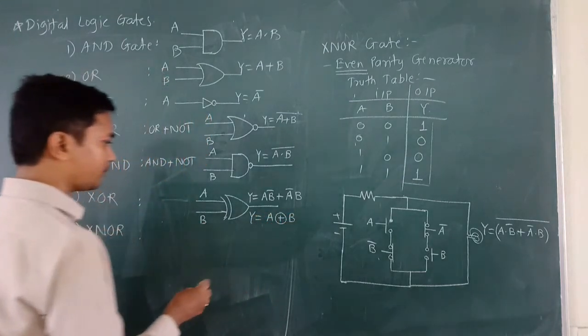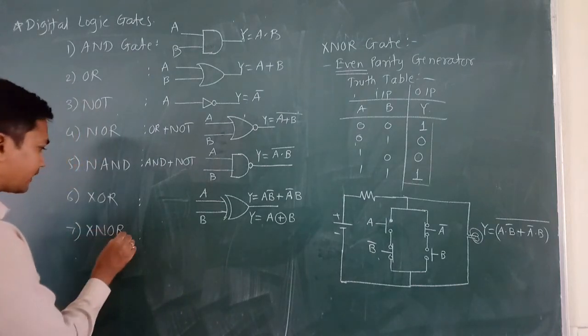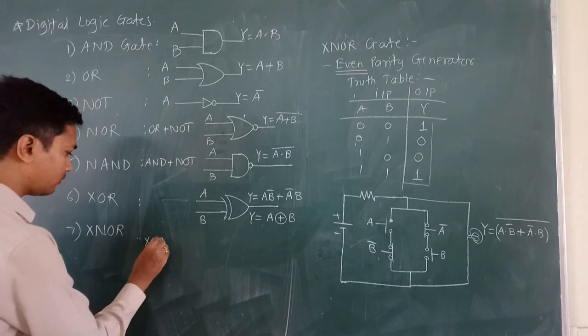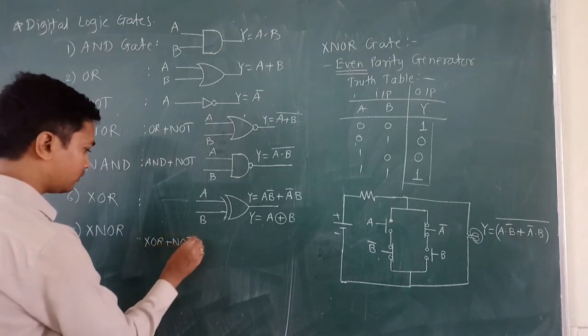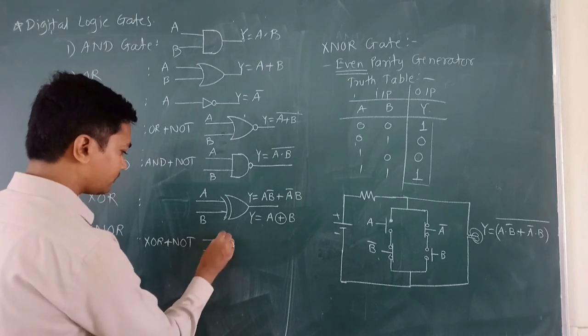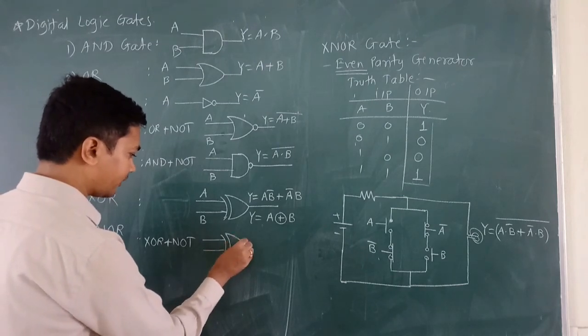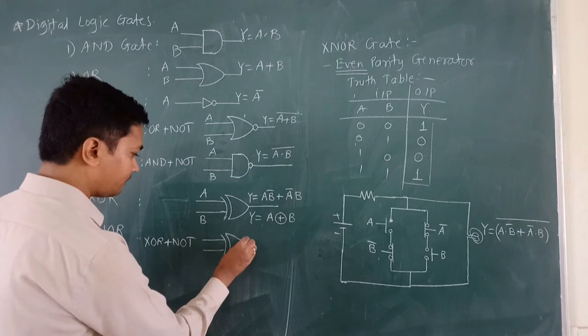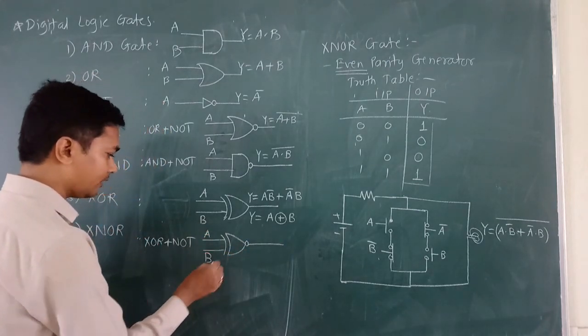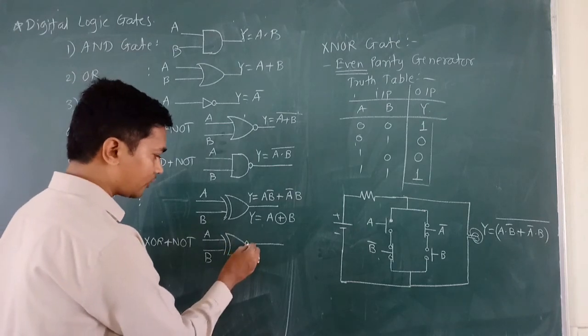Okay, A XOR B. Now in case of XNOR gate, the XNOR gate is what? XOR plus NOT. So here XOR plus NOT means draw the XOR gate and draw the bubble at output of XOR. So A, B XOR, and after that it is complemented.